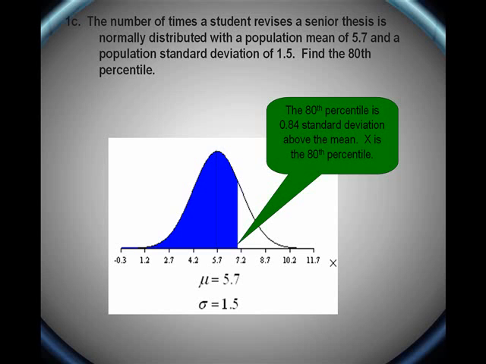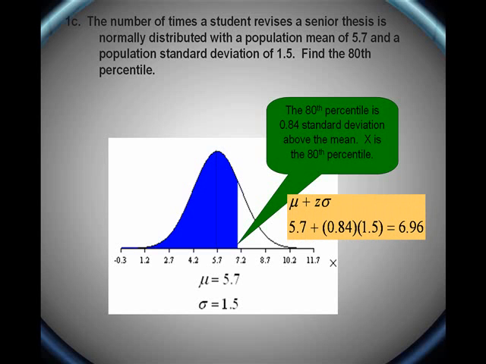So what that means is the 80th percentile is 0.84 standard deviations above the mean, not quite one standard deviation above the mean. So that value there, we'll just call it x, is going to be the 80th percentile, and we know that it's 0.84 standard deviations above the mean.